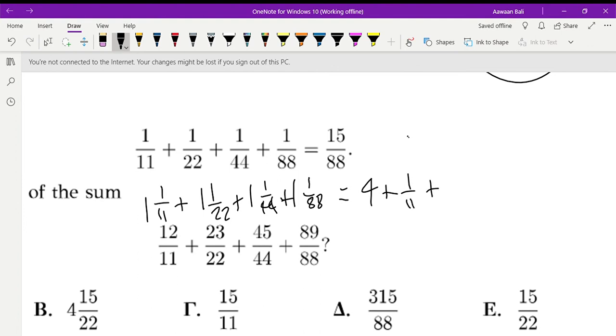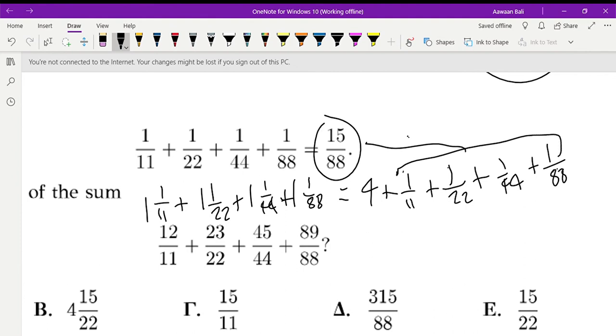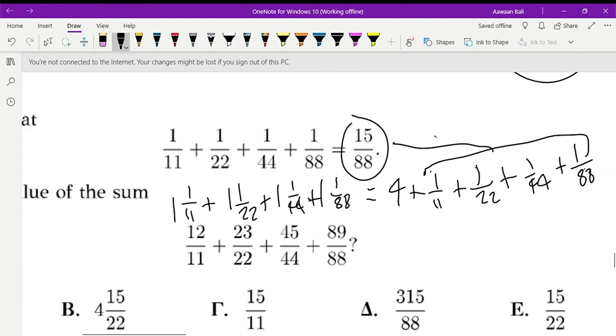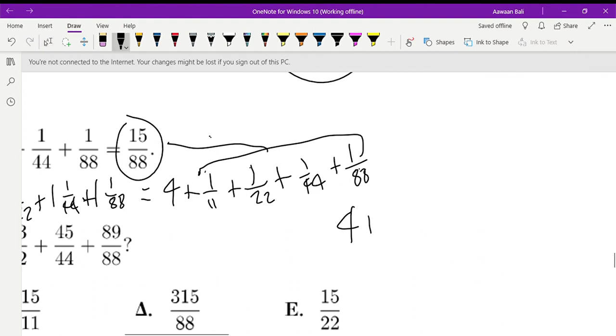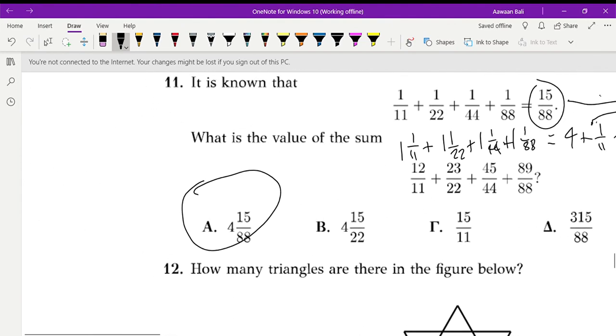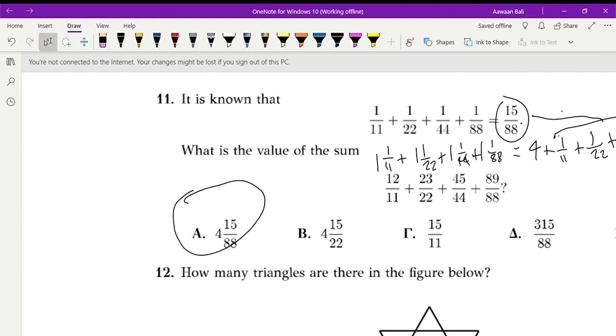So 4 plus 1 upon 11 plus 1 upon 22 plus 1 upon 44 plus 1 upon 88. You might have already worked out what I'm going to do now, because this section is the exact same thing here. It gives us the answer 15 upon 88. So if we add 4 plus 15 upon 88, there's going to be no change. You just merge them together to get 4 15 upon 88, which means A is 4 15 upon 88.